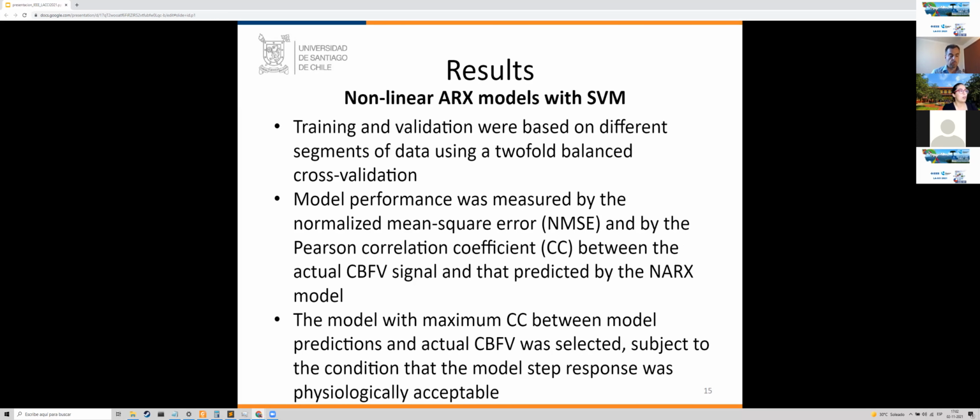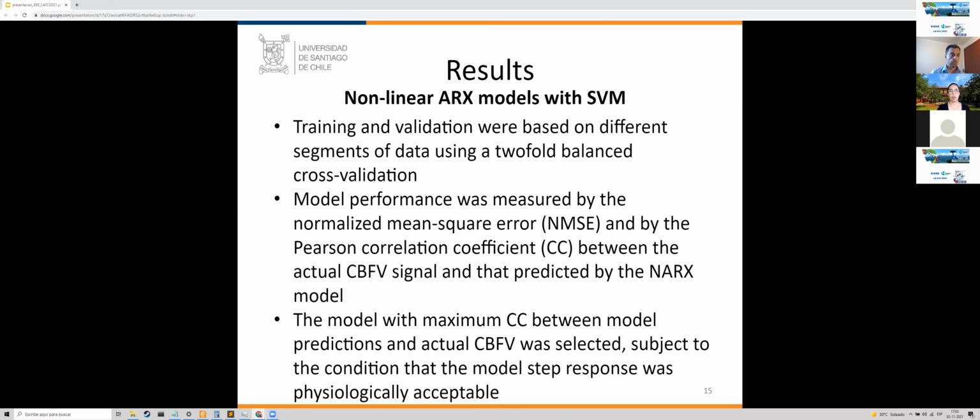So regarding our machine learning models with support vector machines, the training and validation of them were based on different segments of data using a twofold balanced cross validation. Then model performance was measured by the normalized mean squared error and by the Pearson correlation coefficients between the actual cerebral blood flow velocity signal and that predicted by the model.